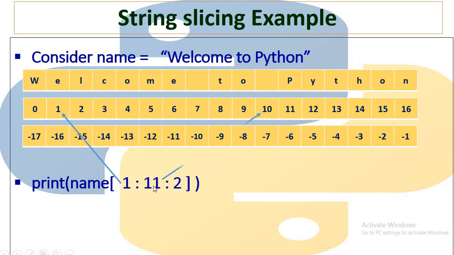With the end, 11 is end means we will end at 10. Now what about this 2? 2 means consider every second character from the given position. So we will consider this 1, then this 3, then this 5, then this 7, then this 9.